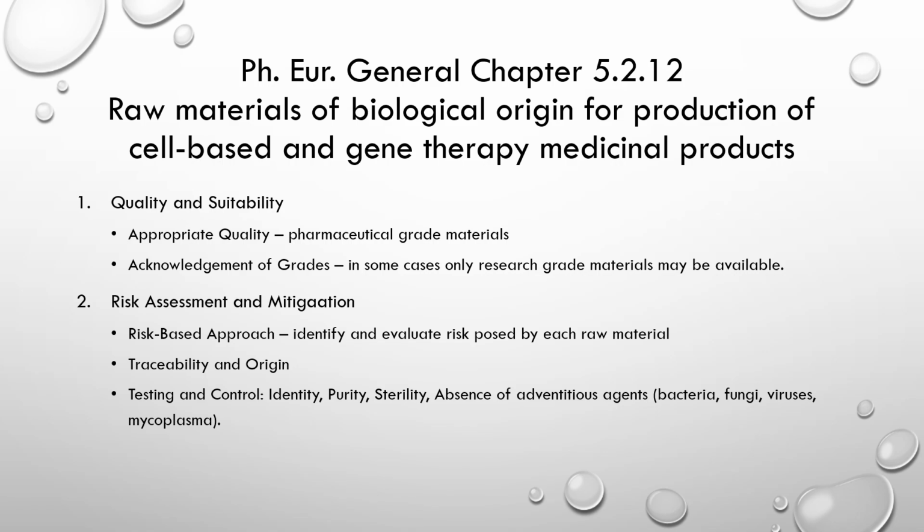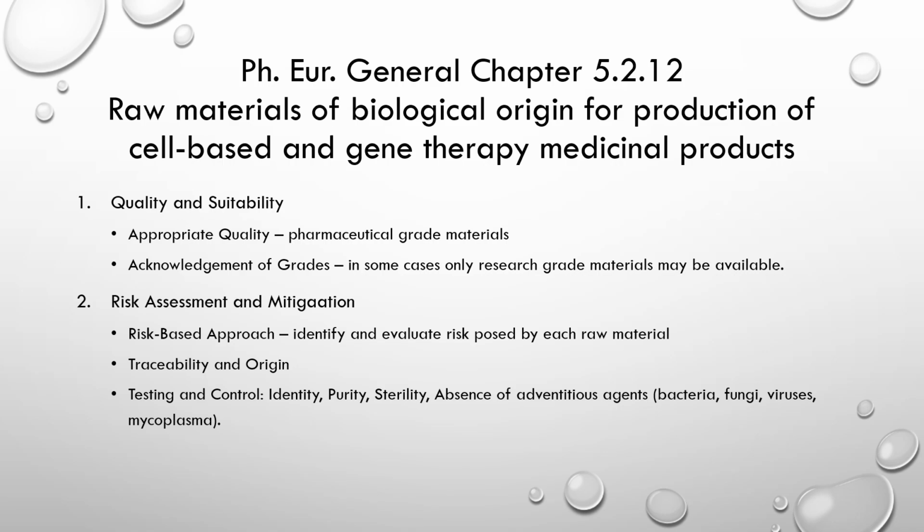You might have to use research grade materials for novel technologies. In that case, it's up to the manufacturer, the marketing authorization holder, or the sponsor or developer to make sure that they perform a thorough risk assessment, and they implement control strategies to mitigate risks associated with using these non-pharmaceutical grade materials.